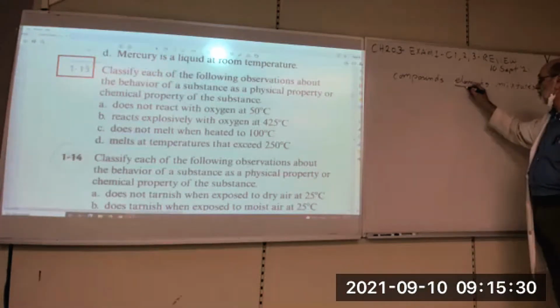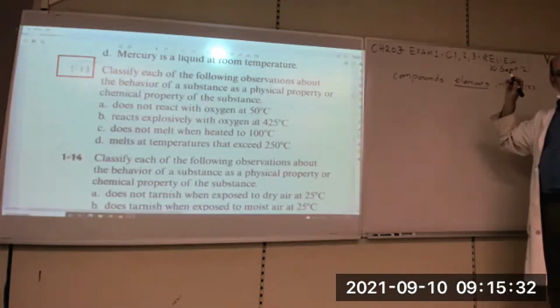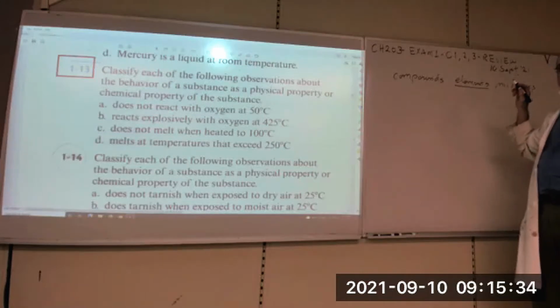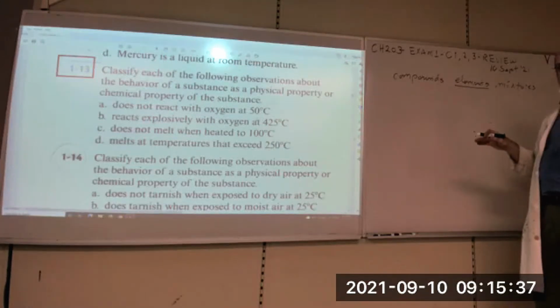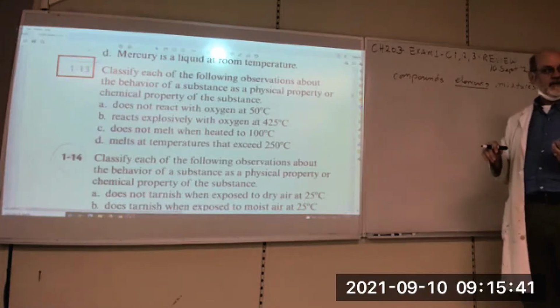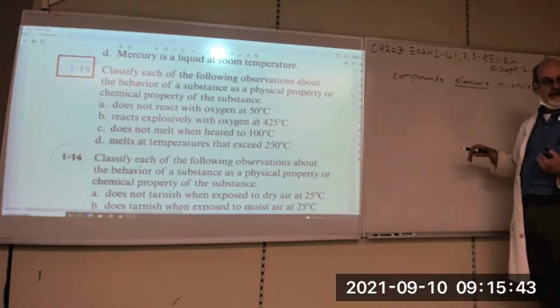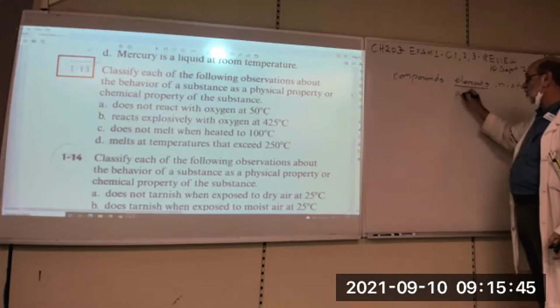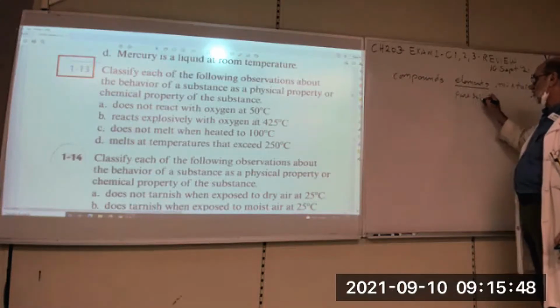An element is a substance that is distinct from any other and cannot be reduced to a simpler form. It is the simplest form of the substance, which means it's also a pure substance.